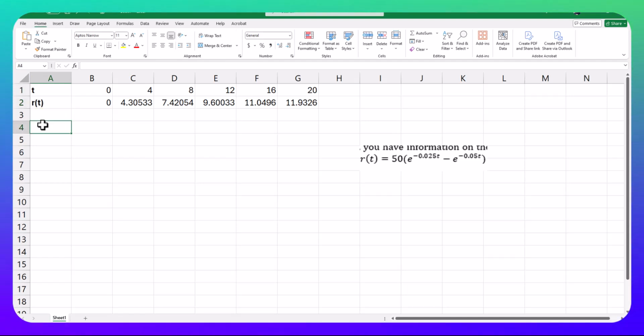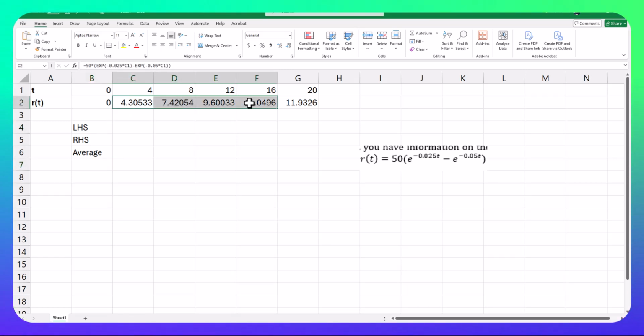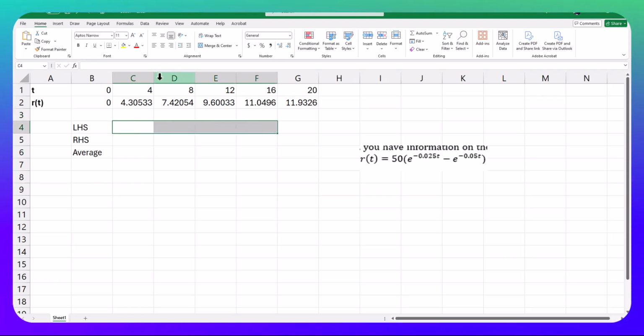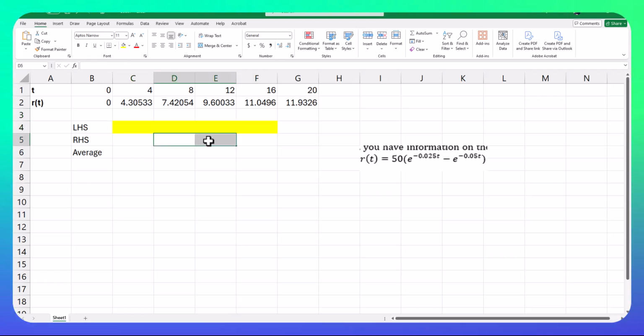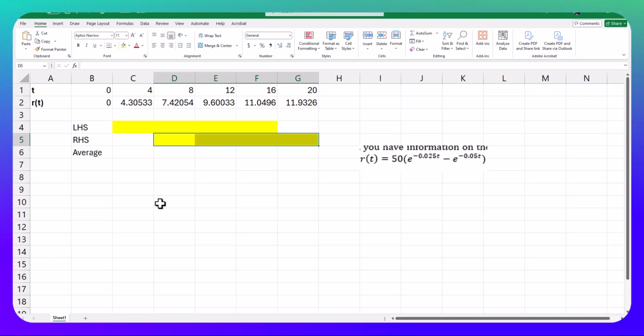So this is my Riemann sums table with my time in hours and my rate in, I think this was milligrams per hour. So I can do a left-hand sum, a right-hand sum, and then an average. So remember, when you do the left-hand sum, you're looking at these values. And then the right-hand sum, you're looking at those values.